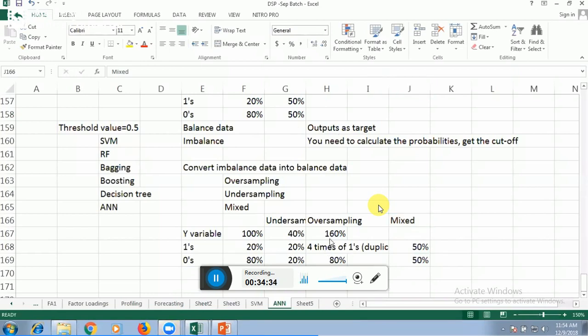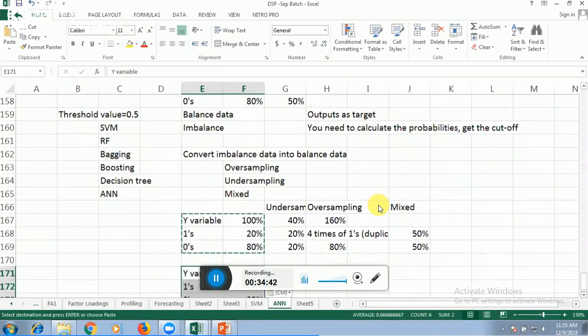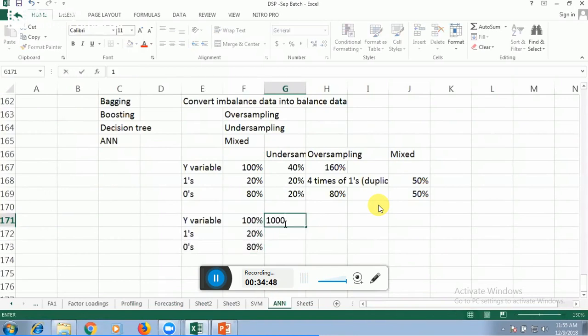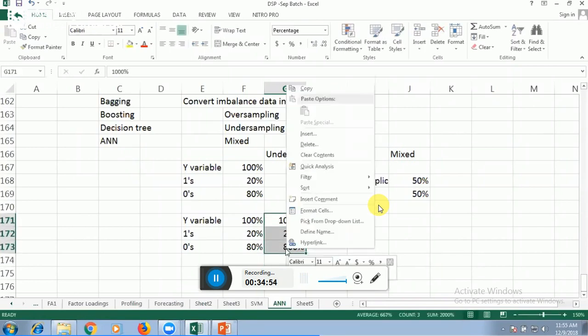Okay, what I'm saying is, for example, instead of this one, let's talk about the same thing in a better manner. I need to get equal proportion of ones and equal proportion of zeros. For example, I have 1000 observations, and 200 observations are here, and 800 observations are here.